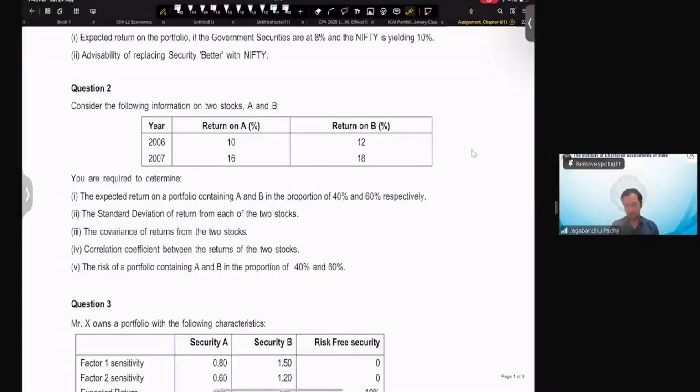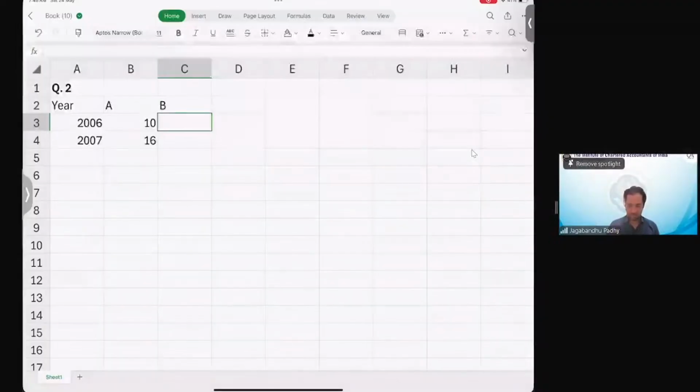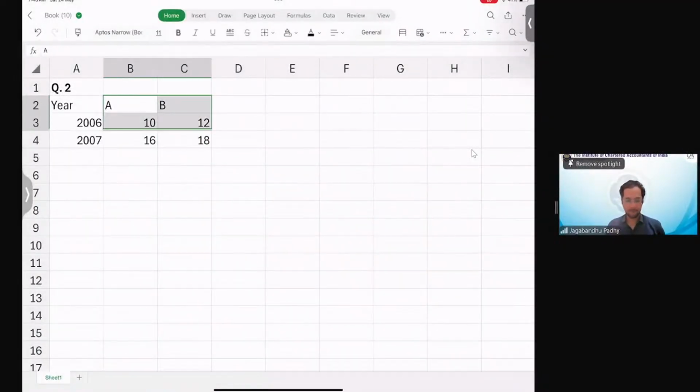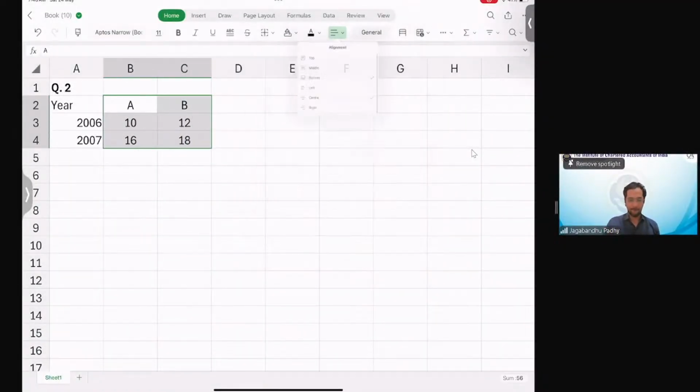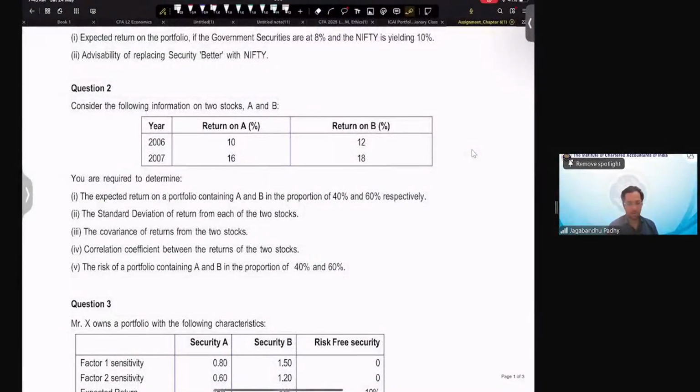So A is having 10, 16, and B is again 12 and 18. So security A is having return of 10% in first year, 16% in second year. B is having 12% and 18% in the first and second year respectively. You are required to determine the expected return on a portfolio containing A and B in proportion of 40% and 60% respectively.